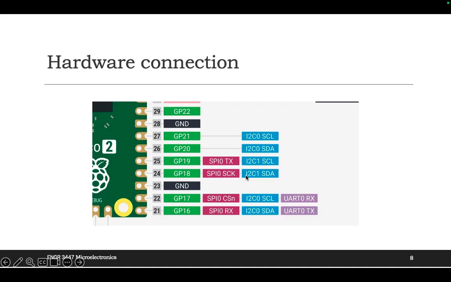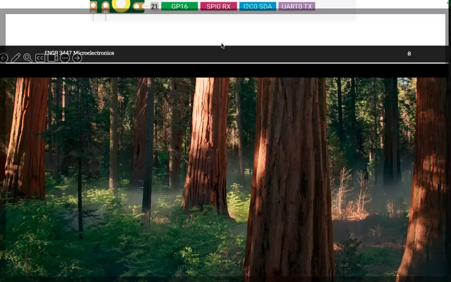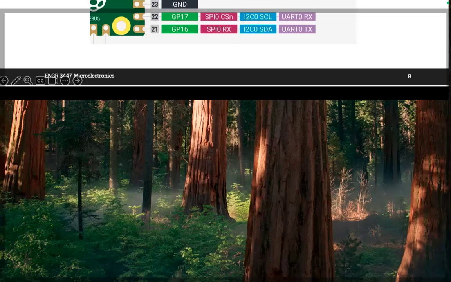Actually, I want to ask you a question. We talked about the SPI, am I right? Did you observe the I2C and the UART before? You can see the SPI. Actually, I just showed a part of the Pico. If you observe the whole picture of the Pico, let me open that for you.